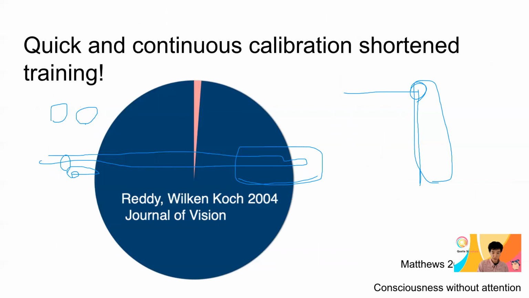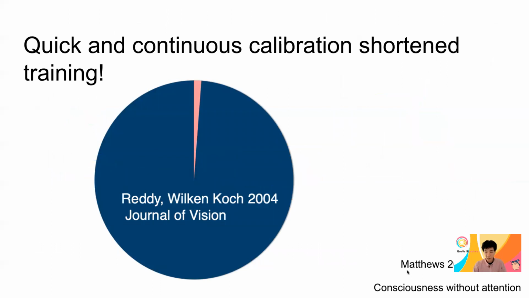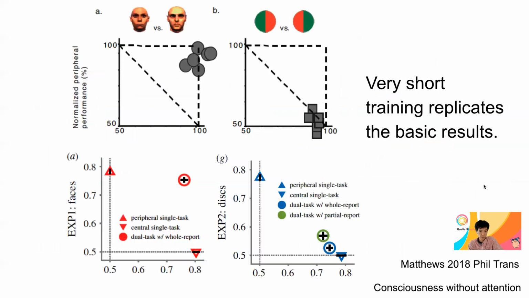And eventually, what we achieved was that instead of the 10 hours of training in a Reddy study in 2018, we were able to minimize it into 10 to 15 minutes of trials to do the dual task. And that basically replicated the finding for face cases.